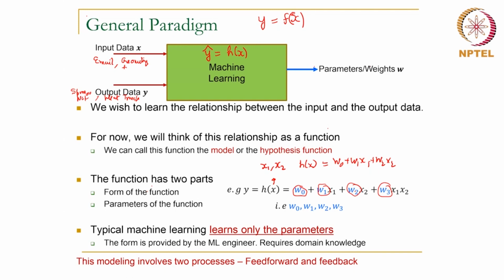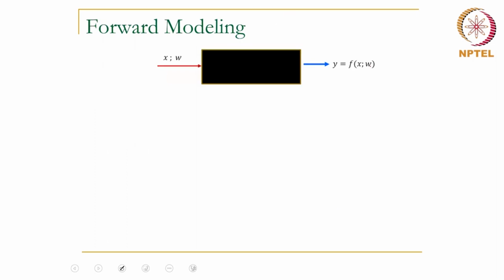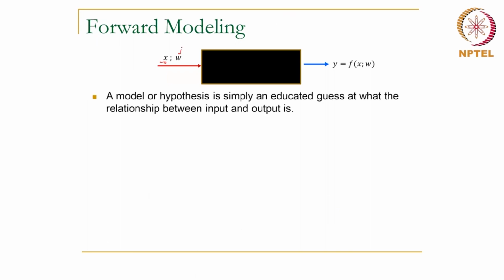So remember, for an inverse problem, you do the forward pass and then you improve the parameters. So forward modeling is like this. Suppose you give me x and you give me some set of parameters w, and we have made an educated guess at what the function looks like. Let's take the example of our slab.